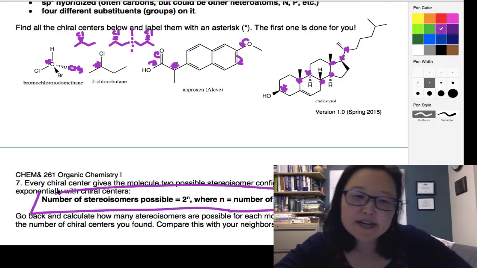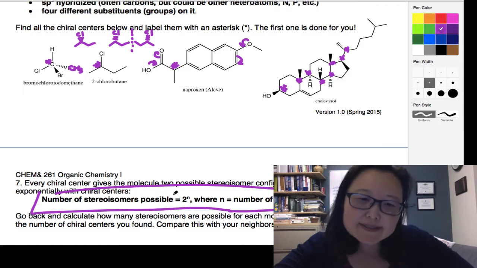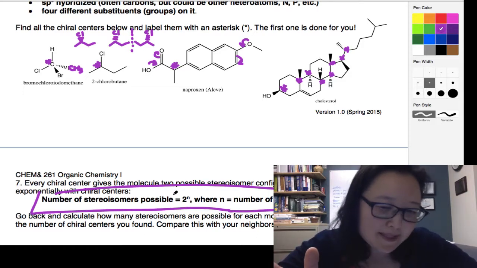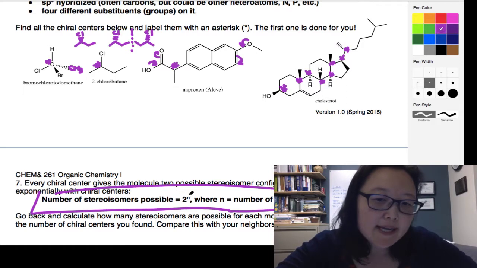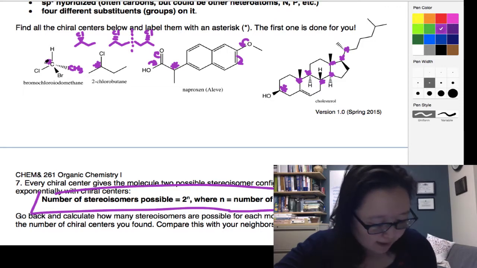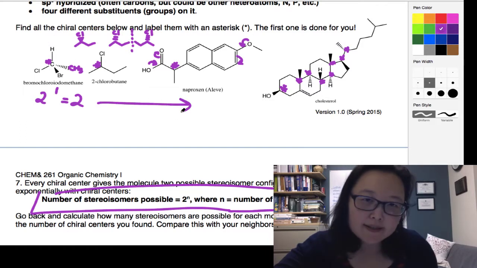So you have the number of stereoisomers possible. This is the maximum number possible, but you could have less than this, which we'll talk about later. You have n number of chiral centers. So 2 to the 1 chiral center here is 2 stereoisomers of this molecule. And that goes the same for all these because they all have 1 chiral center each.